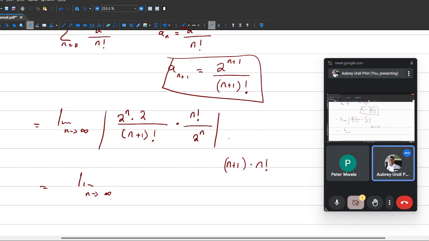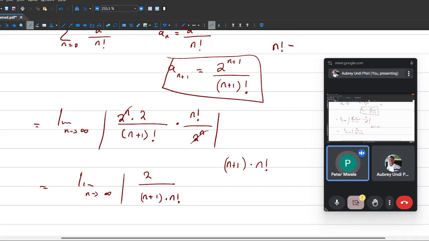Yeah, so basically that is correct. I just didn't see it properly. So this will cancel and this will cancel. We know that this is n plus 1 times n factorial. This is coming from the fact that n factorial is equal to n times n minus 1, n minus 2, and so on and so forth, right?